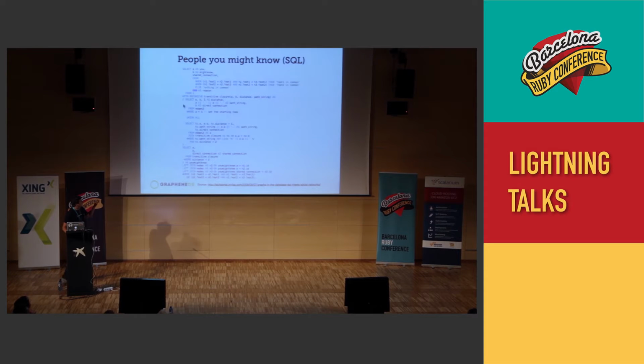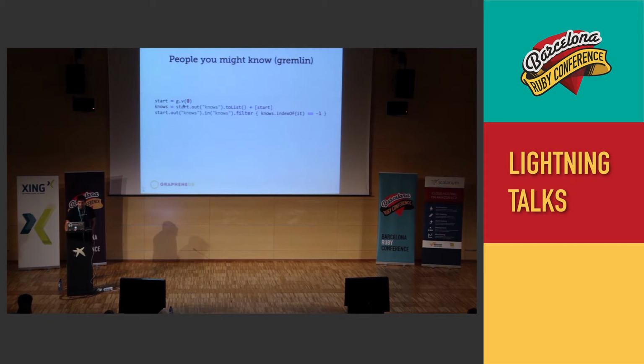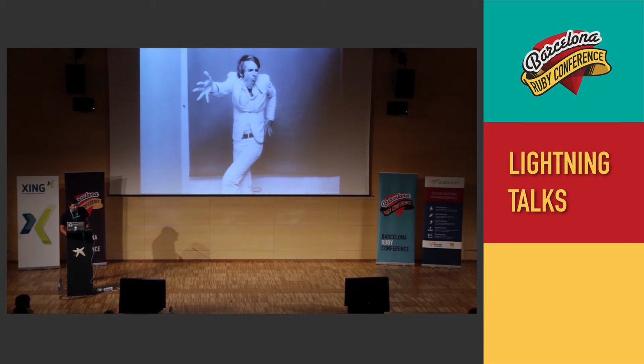And you can see it's really a bunch of ugly SQL code. In a graph database, this could be something like 3 lines of code, because it's literally built for that.